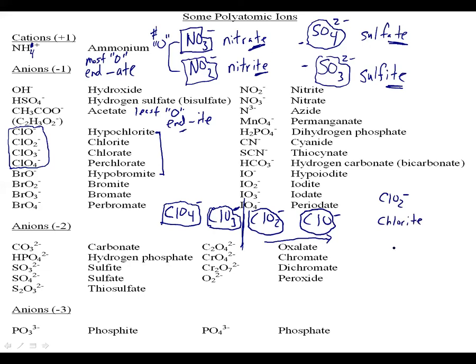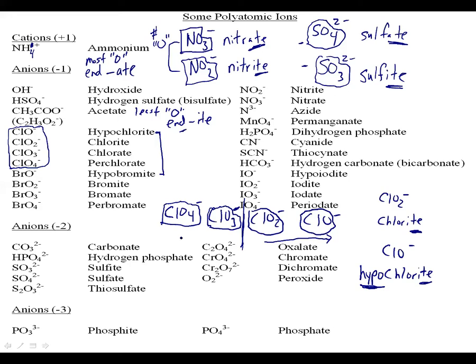If we look at ClO minus, which has the least number of oxygens, we would also perhaps call it chlorite. Obviously, we can't have the same name for two different things. So in a group of 4, the one with the least number of oxygens will also start with hypo. They both end in ite because they have the least number of oxygens in a group of 4, but the one with the least out of that 4 will be hypochlorite.